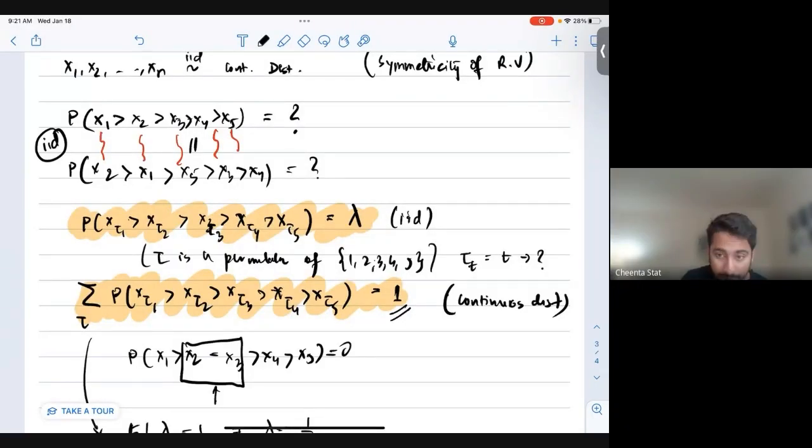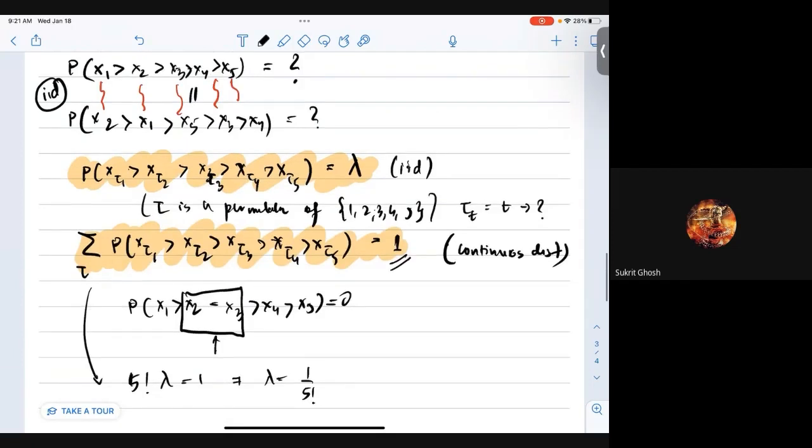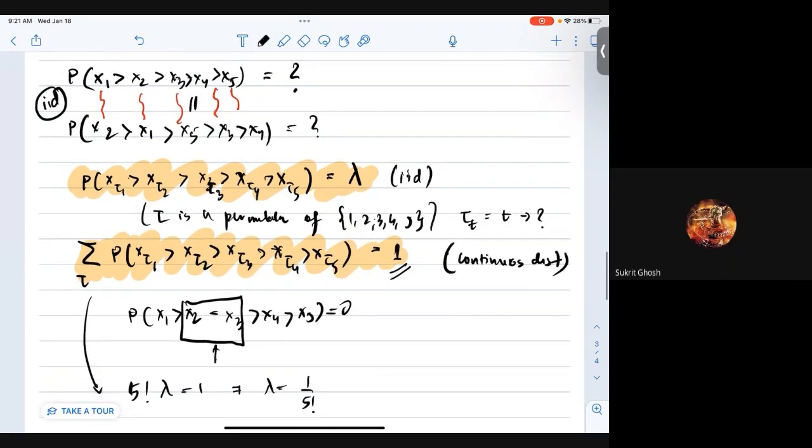Yeah, Shukrit? I have a doubt about similar problems, because this is a kind of combinatorics problem. In the 2022 paper, I saw a derangement problem.